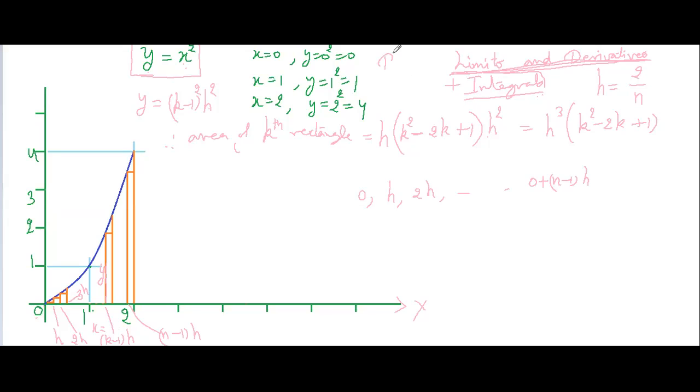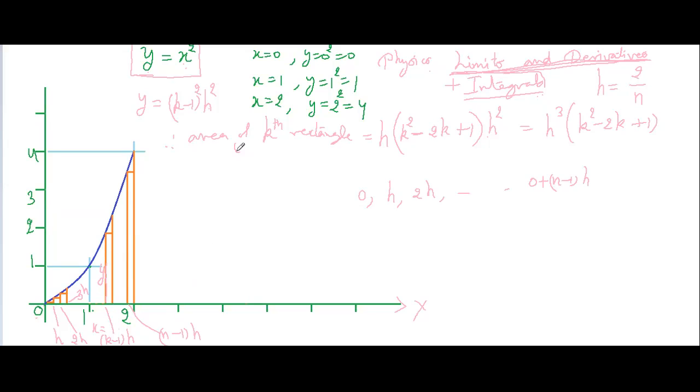In physics, these things are to be used in the beginning of plus one. When you start studying the motion of an object, you will be finding the velocity, acceleration, etc. You will be using these things. So I am not teaching physics at all, but I am trying to explain thoroughly the concepts which will be used there.